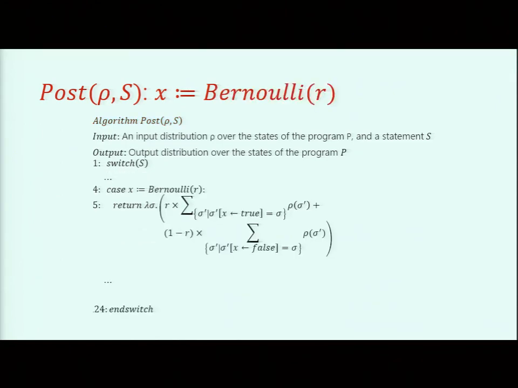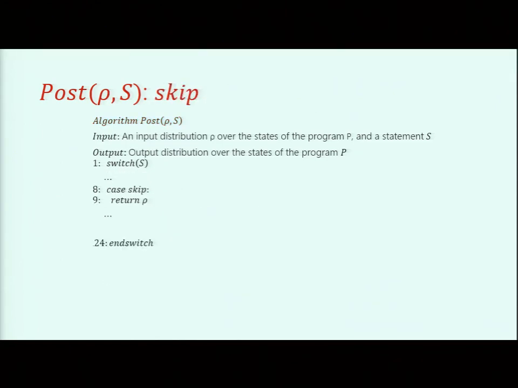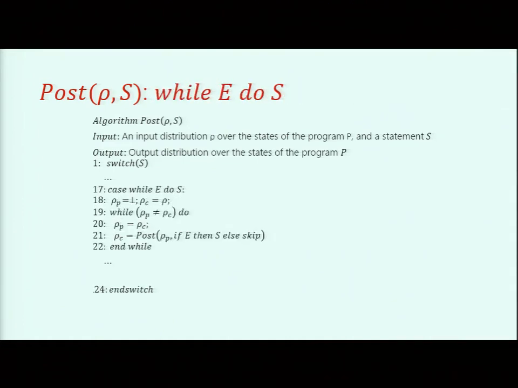So this algorithm does this for every statement, and what we can show is that when it terminates or computes its fixed point, because you have loops and so on, the result of the algorithm is exactly the same as the distribution specified by the operational semantics. That's very important to show.